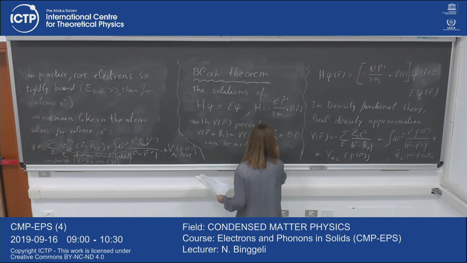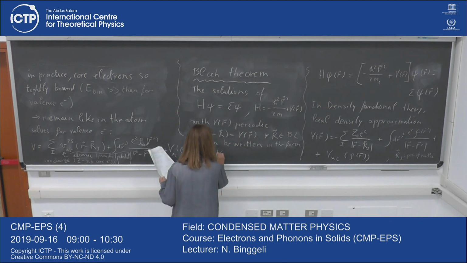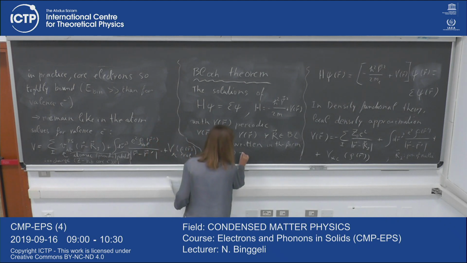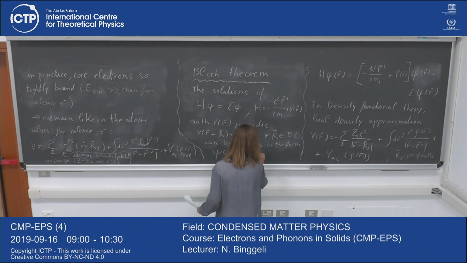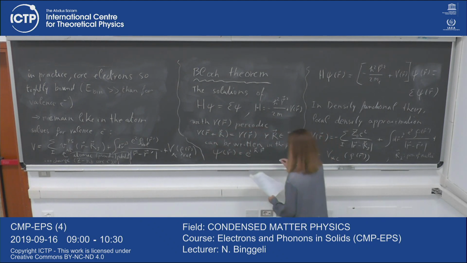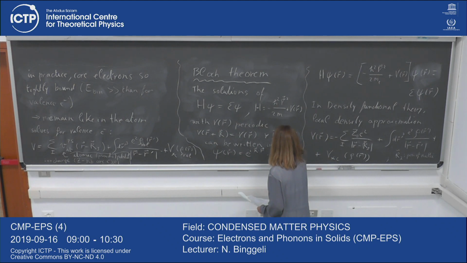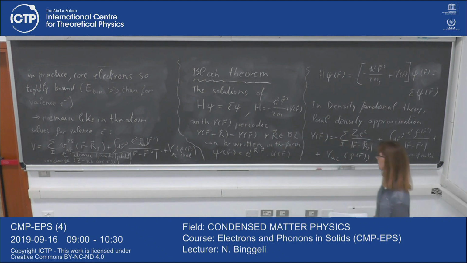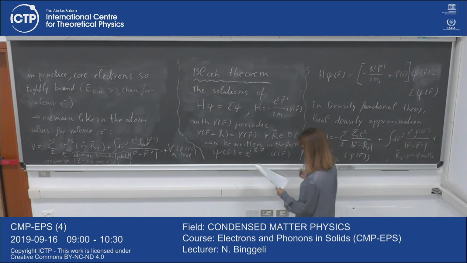in the form psi of R is equal to e to the i K R times U of R, where U is a periodic function.